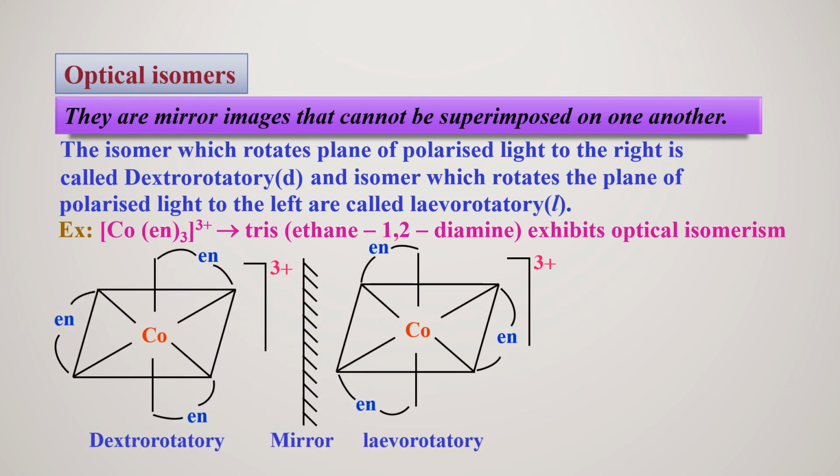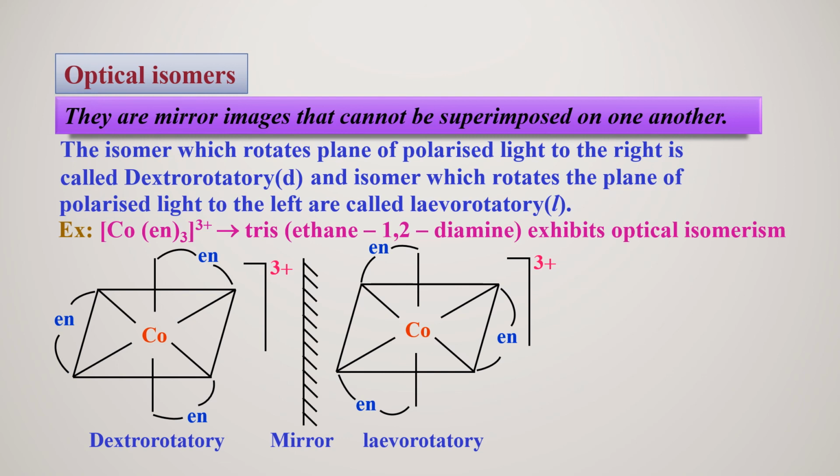Both are mirror images, but they are not superimposable. I'm giving an example to understand: if I keep one above the other, you will not get the same image, you will get something different. In a similar way, take one example: you keep a 1 rupee coin on this side and a 1 rupee coin on this side, so they are mirror images. Now if you keep one above the other, both are the same.